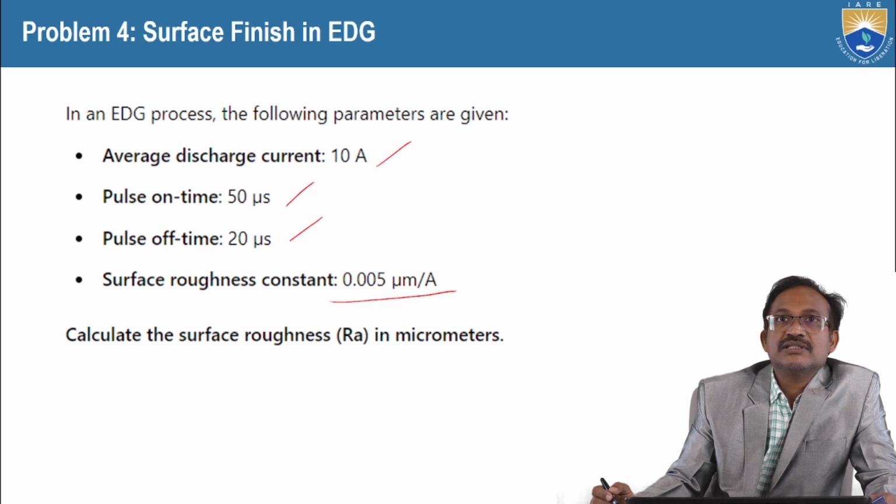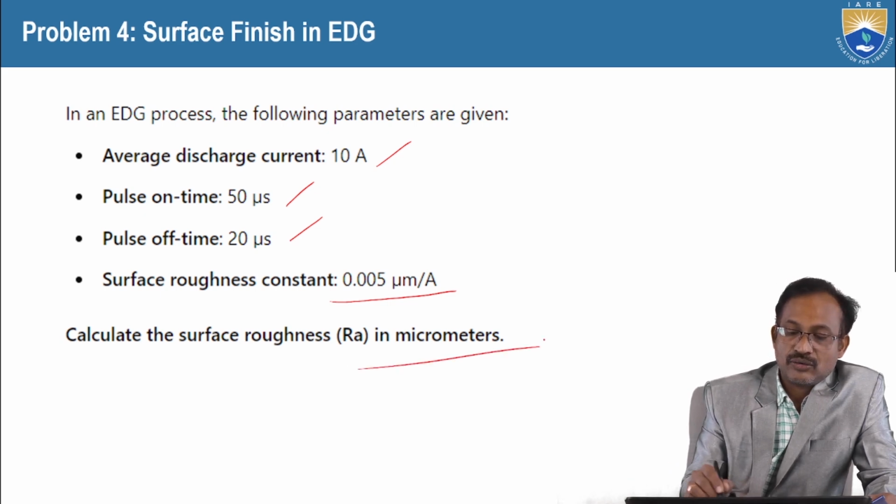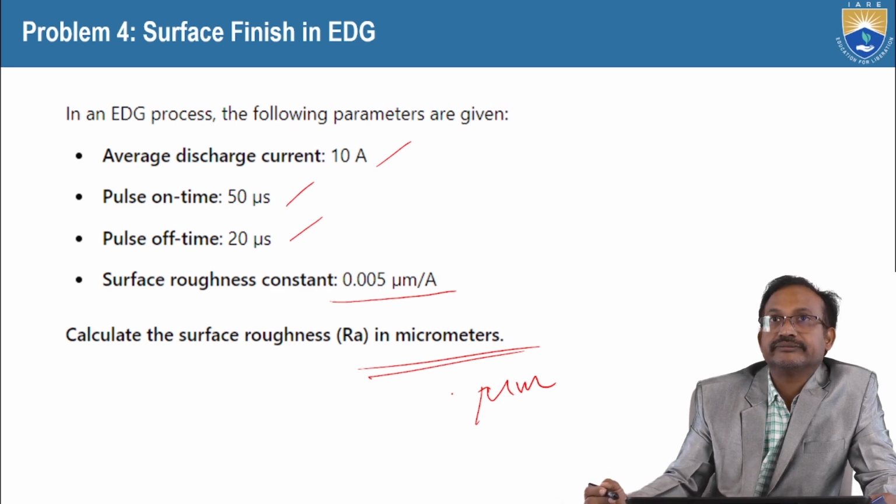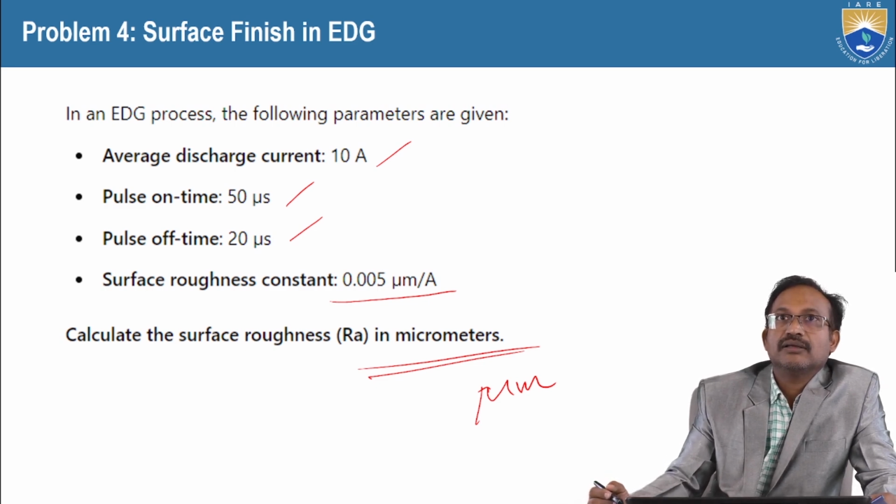Calculate the surface roughness Ra in micrometers, or microns simply.